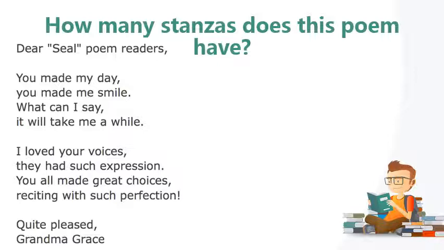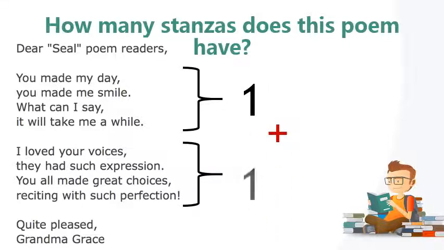So we just said that if it is a verse, there are no spaces in between, and a stanza has spaces in between. So how many stanzas do we see? We've got the first one that is 4 lines. Our second one is also 4 lines. So 1 plus 1 equals 2. So that means this poem has 2 stanzas. Very good.